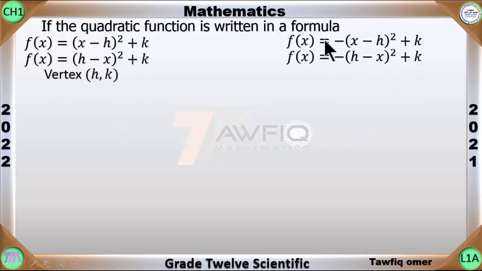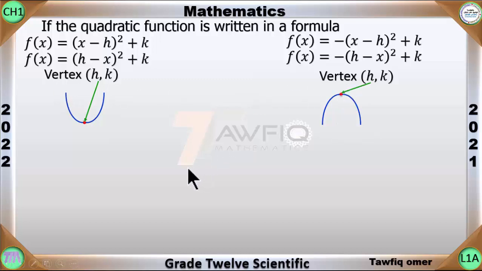In all of them, a vertex is h, k. Because the outside of the bracket is positive here, then the graph will be opening to the top. And here is negative, then the graph will be opening to the down. Both of them, the vertex is h, k.